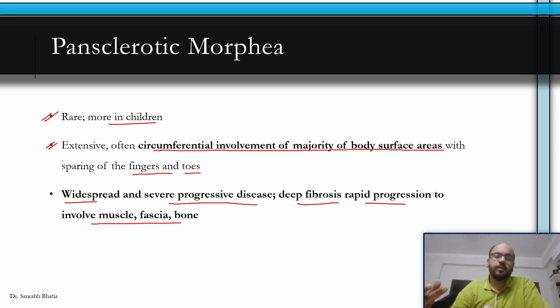So the level of inflammatory damage is high. That is why you have more extracutaneous manifestations, more malaise, more arthralgias, and there's a rapid progression of disease and rapid onset of fibrosis in pansclerotic morphea. Remember the name. Pan means widespread and sclerotic means a lot of sclerosis is happening over the whole body. So that is what we mean by pansclerotic morphea.